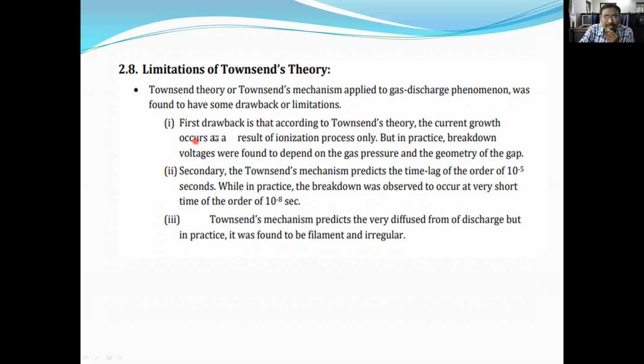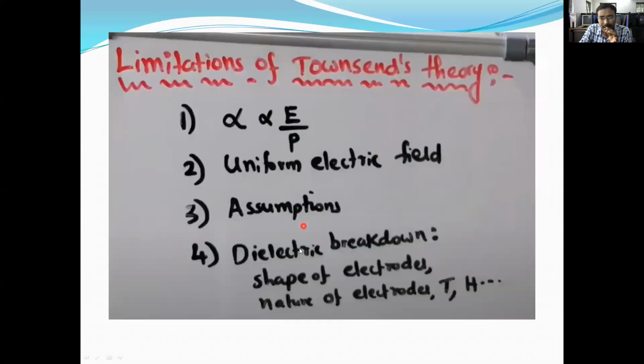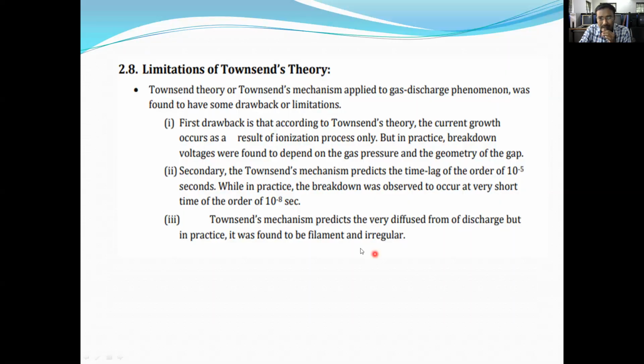The first drawback is that according to Townsend's theory, current growth occurs as a result of the ionization process only, but in practice, breakdown voltage was found to depend on the gas pressure and the geometry of the gap. The geometry of the gap and the shape and nature of the electrodes are not taken into account. So that is the first drawback.